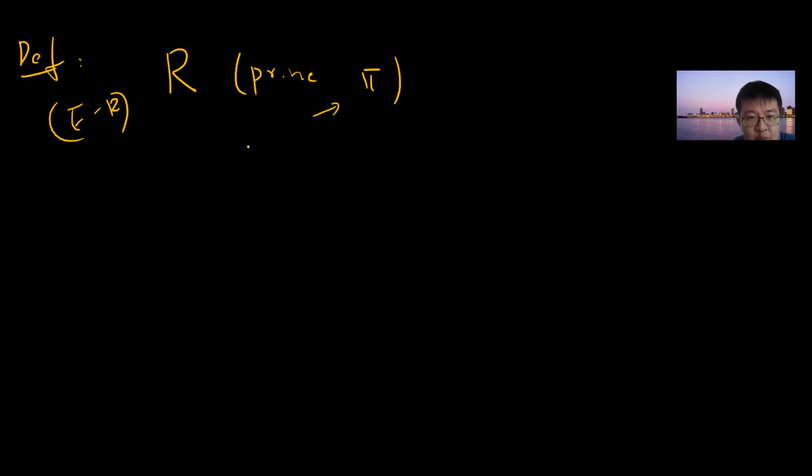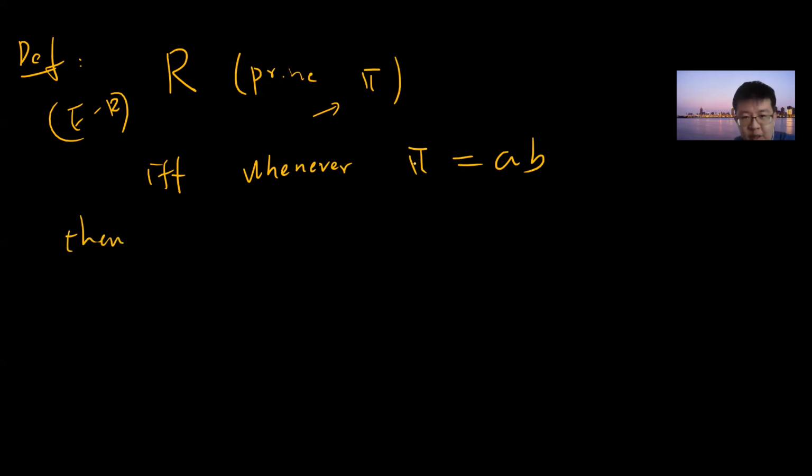So the definition. In a Euclidean ring, you can define a prime number. That's called a prime pi. So this pi is said to be a prime element if, whenever pi equals AB, then, by the usual intuition from number theory, if a prime divides a product AB, then one of A or B must be a unit.